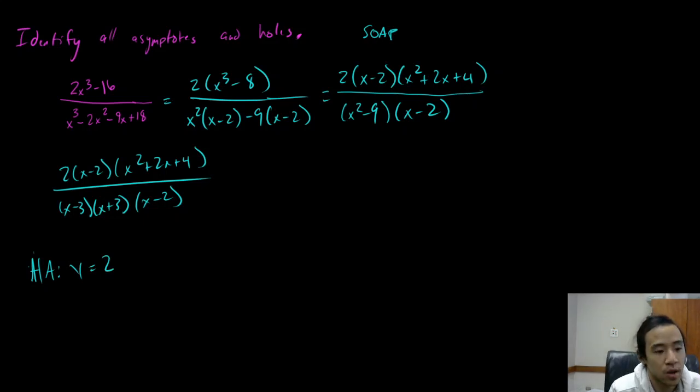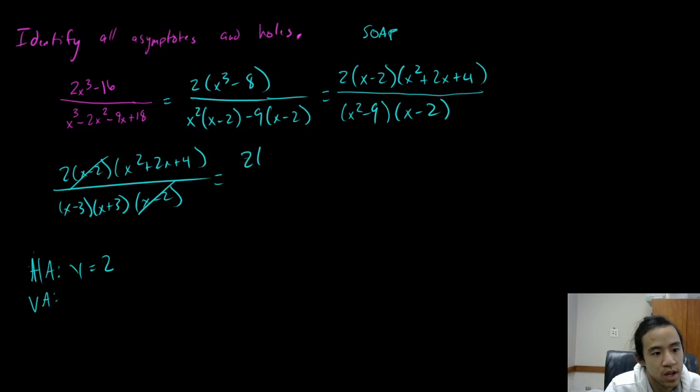All right, so now let's search for all of the vertical asymptotes. If we look at our factored expression here, you can see that the x minus 2 and the x minus 2 are actually going to cancel out, right? So let's do that.